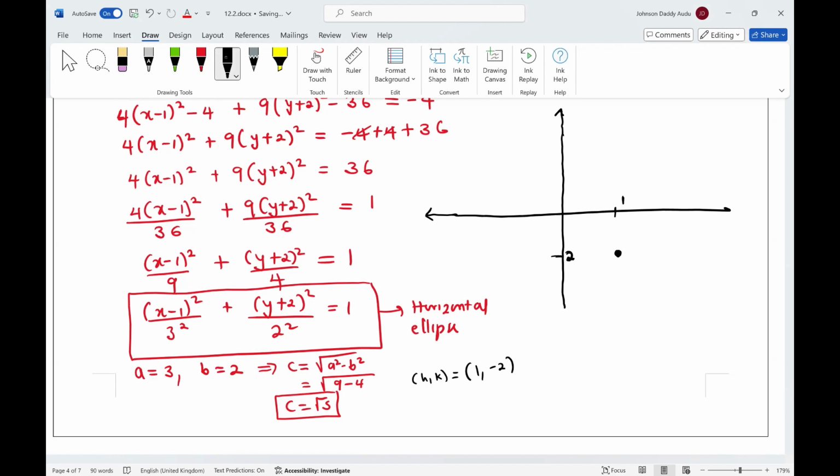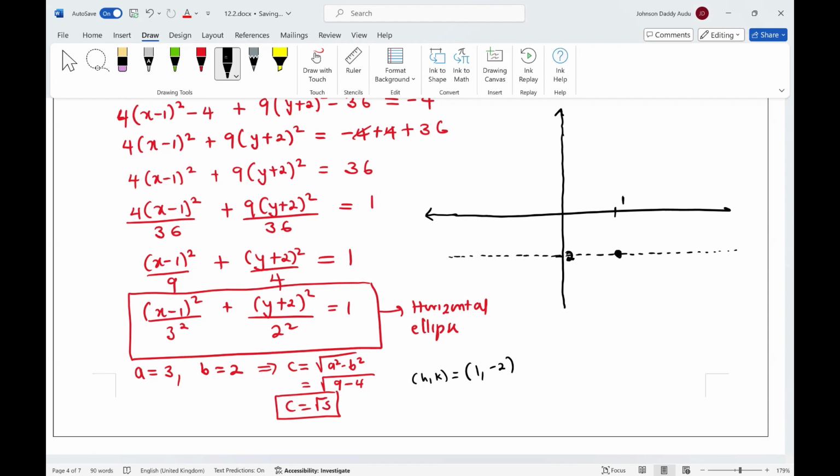So now how do we get our vertices? Remember, our vertices will be the endpoints of what? This is going to be our major axis, right? Now, what will be the endpoint? Here we can see that y is fixed. Y is not moving. So the only thing that is moving is x, right?